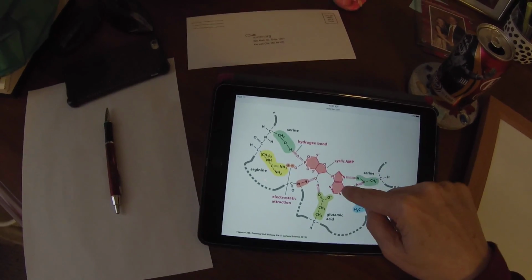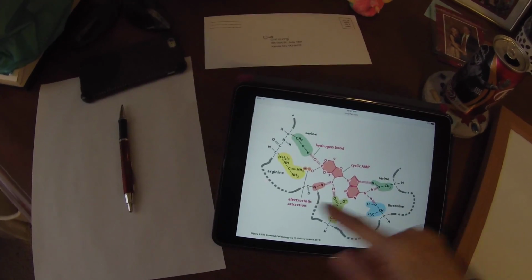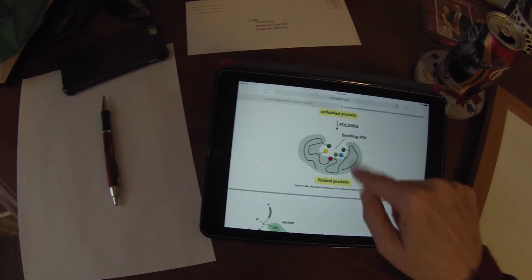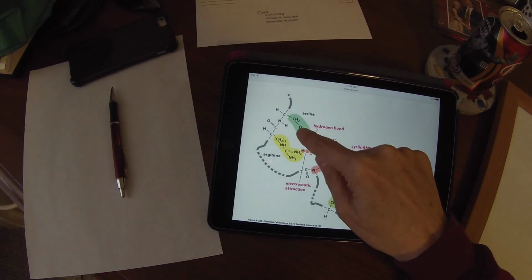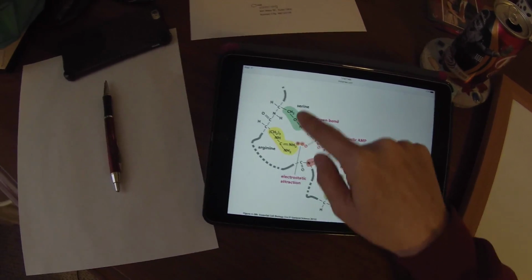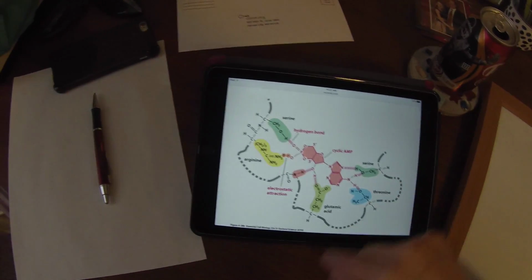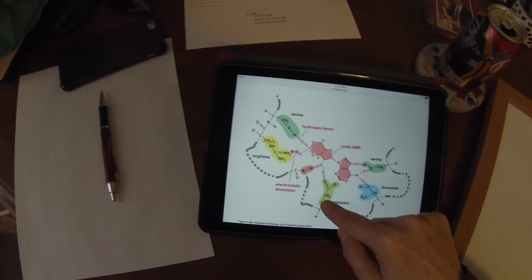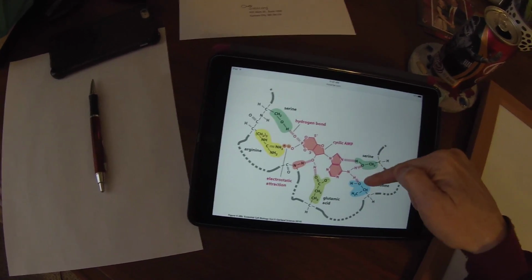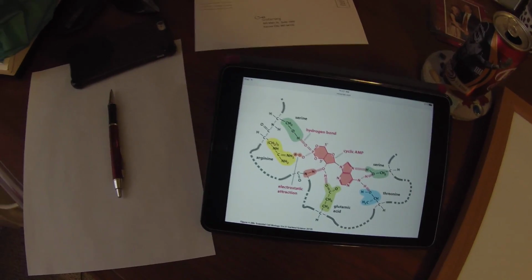This is a cyclic AMP molecule, and it's sitting in the binding domain. If you remember the colored balls here, green, yellow, red, green, blue, green, you see they've colored the side chains here, and here they are. They are lining this binding domain in such a way that we get hydrogen bonding with our ligand, in this case the cyclic AMP.